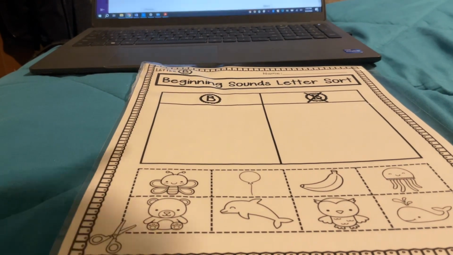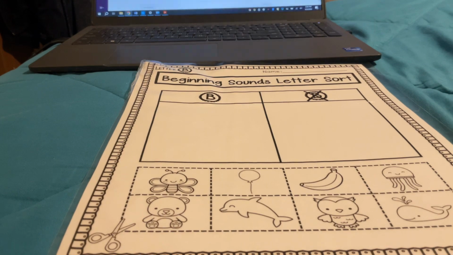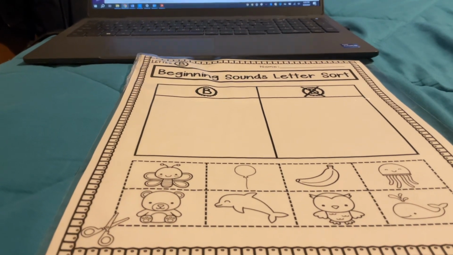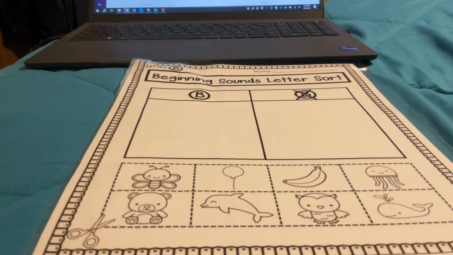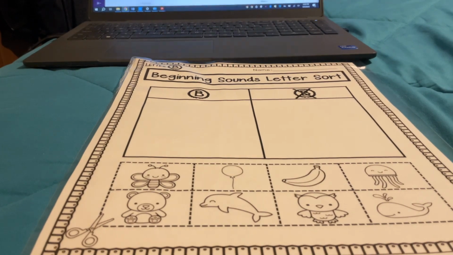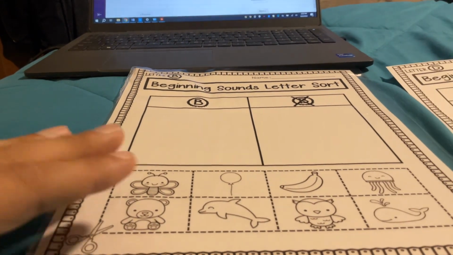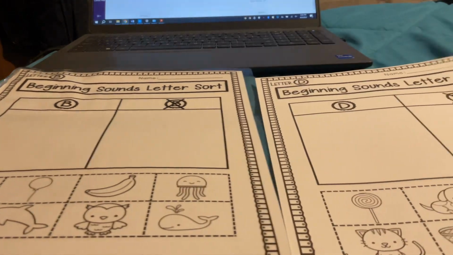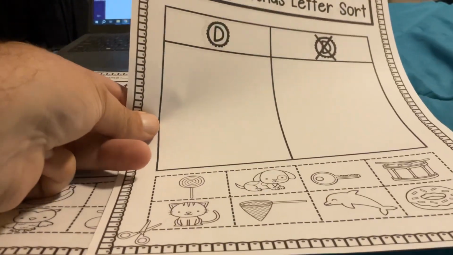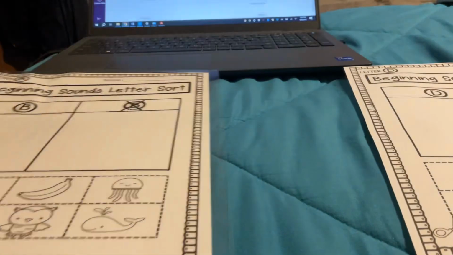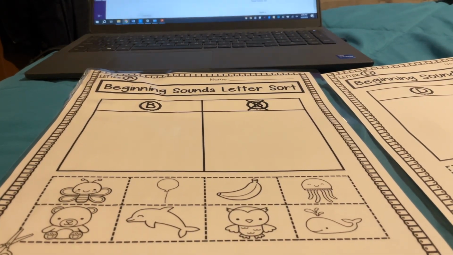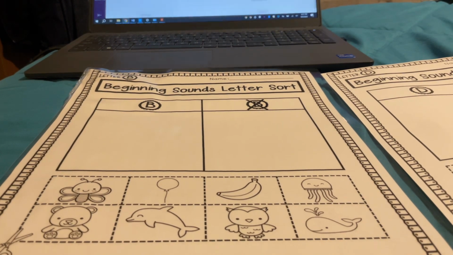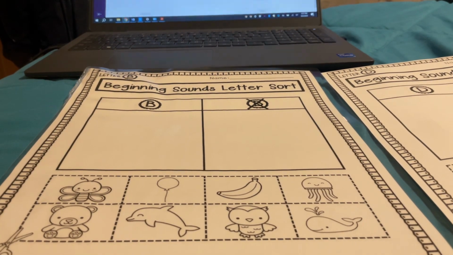I noticed the B's are tricky with students in kindergarten and first grade. Guys, B and D sound alike. Again, like this, you've got your D and B. So this is what you have to work with students on when you determine this, especially when it comes to the actual spelling part.